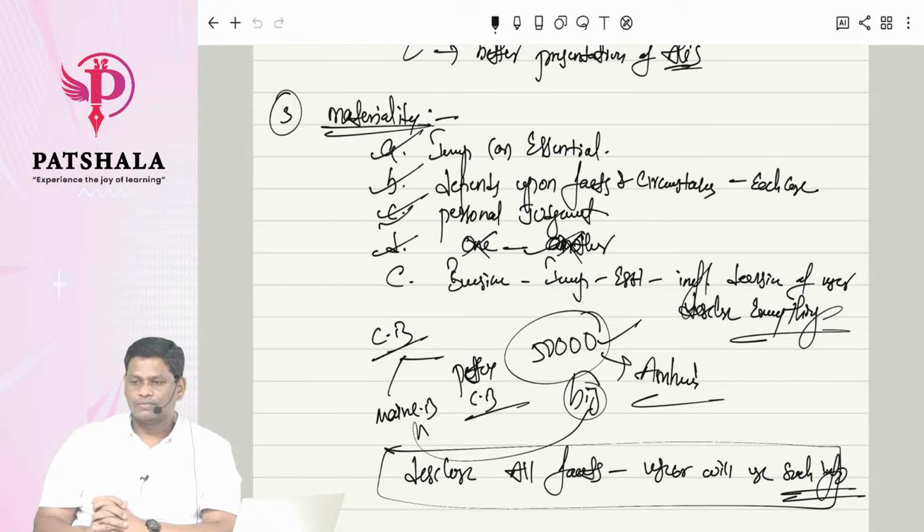According to this principle, all items having significant economic effect on business of the enterprise should be disclosed.